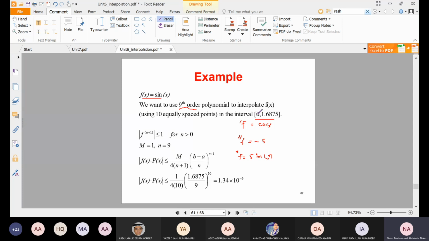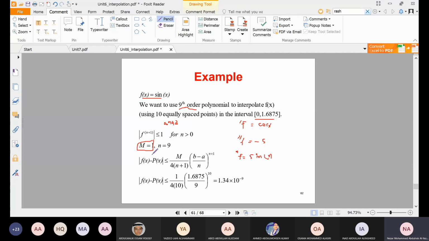If we substitute in the interval, at 1.6875, I will get almost 1, like 0.98 or something like this, so a value near 1. So this value M, I make it the nearest integer. So M now becomes 1.